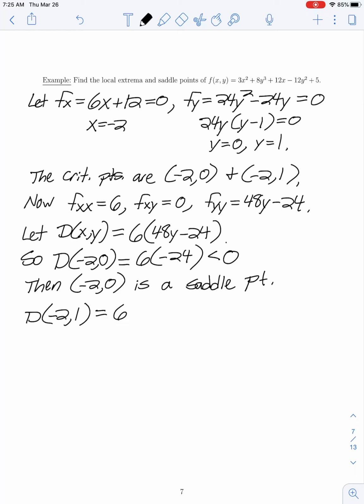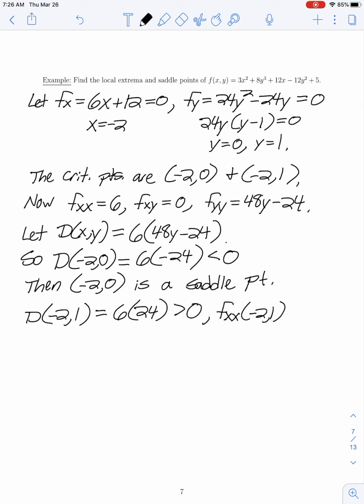And for our other critical point, -2, 1, if we evaluate our discriminant, we have 6 times 48 minus 24, or positive 24, which is positive. So we have either a local maximum or a local minimum.